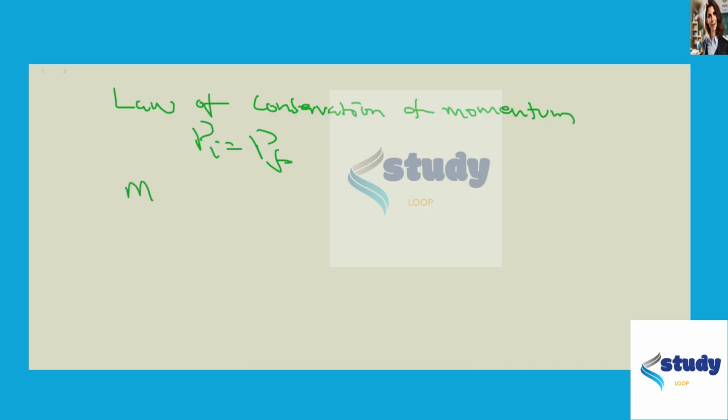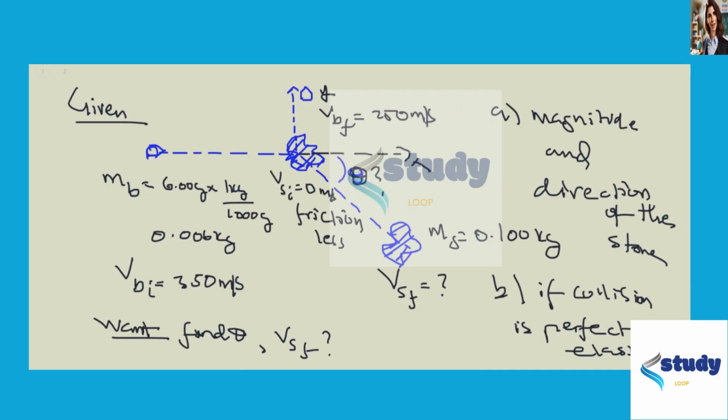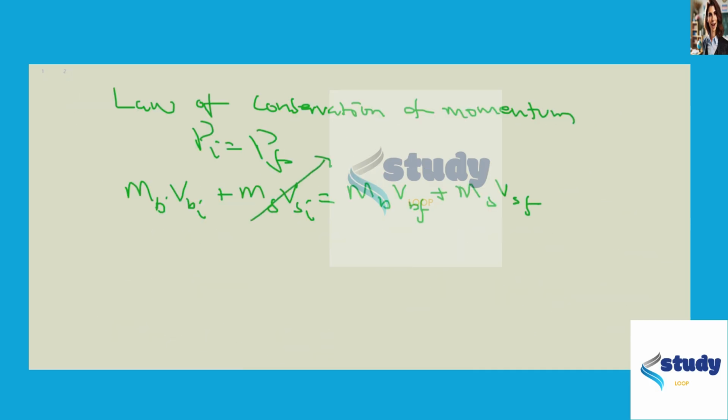The initial momentum of the bullet plus the initial momentum of the stone equals the final momentum of the bullet plus the final momentum of the stone. Remember, the initial velocity of the stone is zero, and therefore we don't have any initial momentum for the stone. We just have the final momentum.